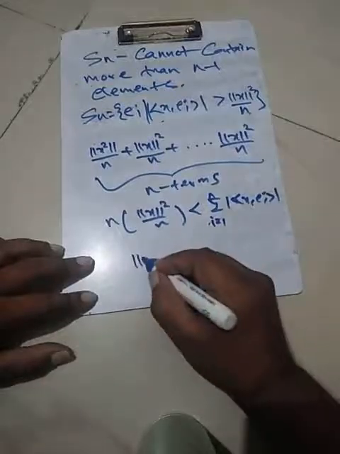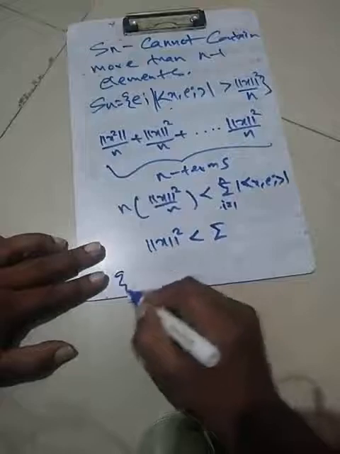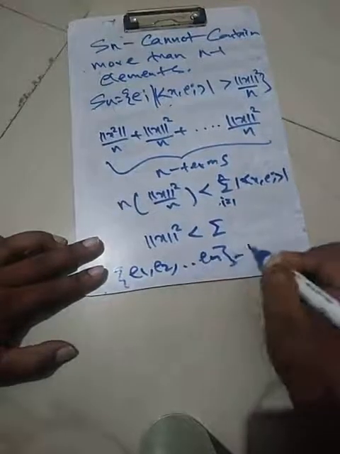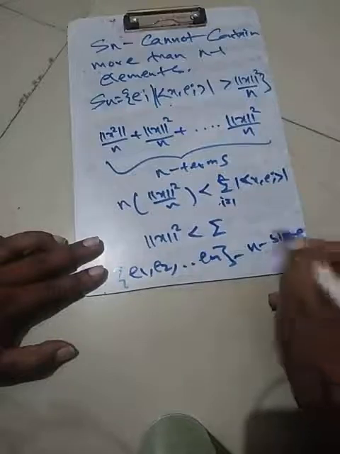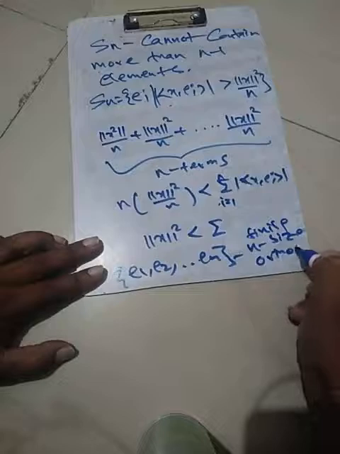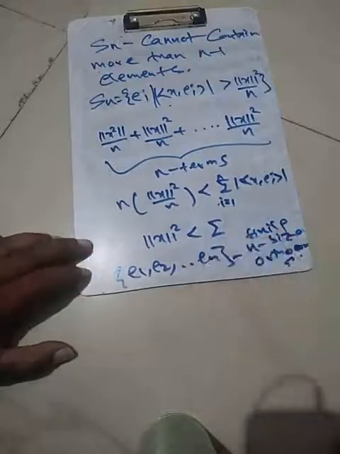So what I get is that norm of x square is strictly smaller than this n-term sum. So I have this set e1, e2, en, a finite n-size orthonormal set. This would be strictly smaller than what then?